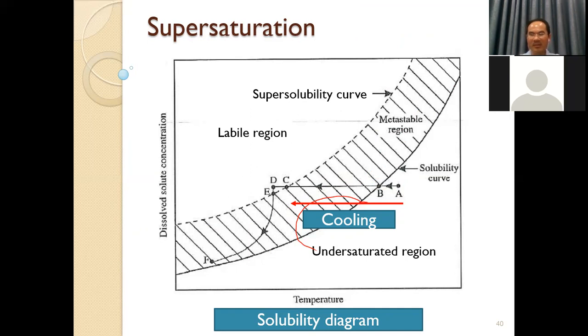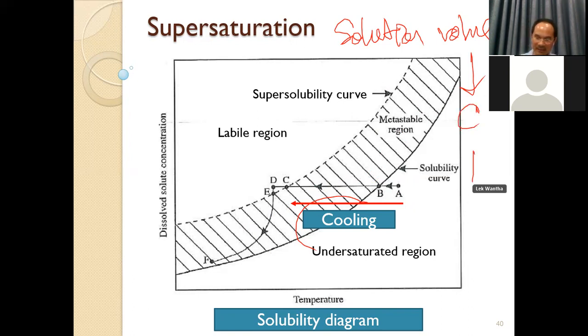You evaporate the solvent out. When the solvent is reduced, the solution volume is also reduced. When the solution volume is reduced, the concentration increases. When the concentration increases to the supersaturation, we will get the crystal generation.